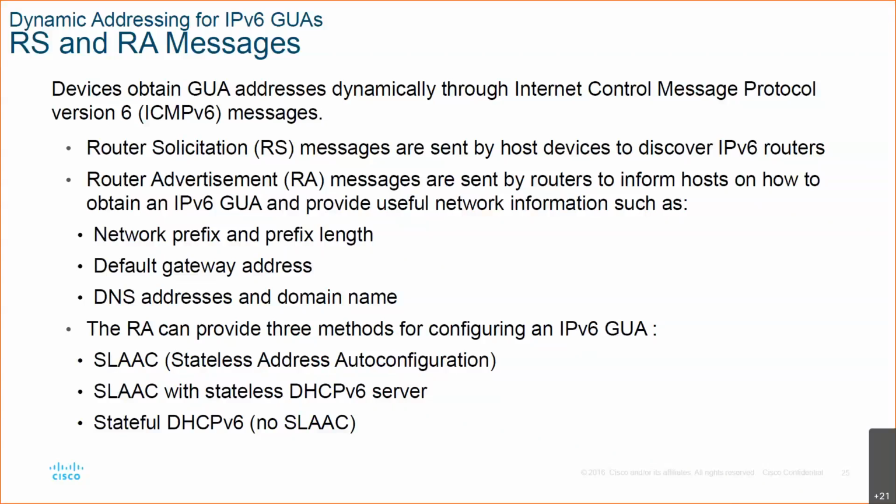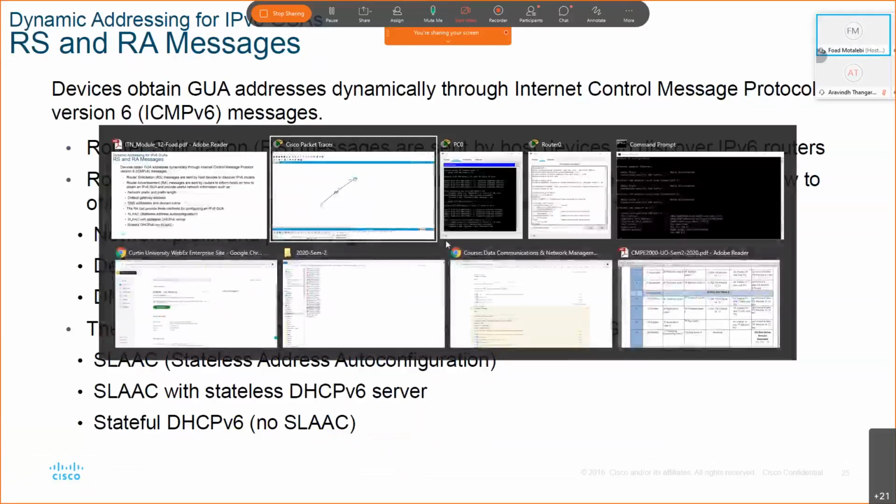In order to give automatic global unicast address to your devices, you can do something like that through your ICMP protocol version 6. In fact, ICMP protocol is what we use when you do your ping, my dear students.